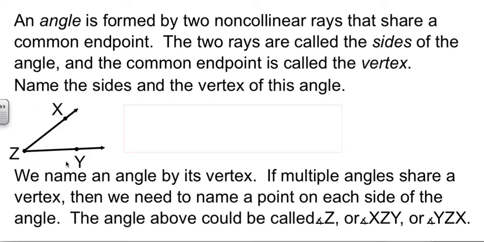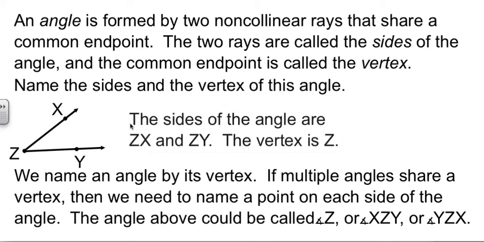So given this angle, let's see if we can name the sides of it and name the vertex. Remember, the sides are the two rays. And those should have ray symbols on them, so we will put them in really quickly.